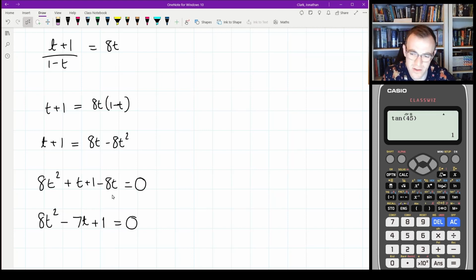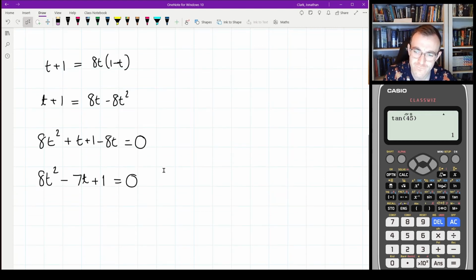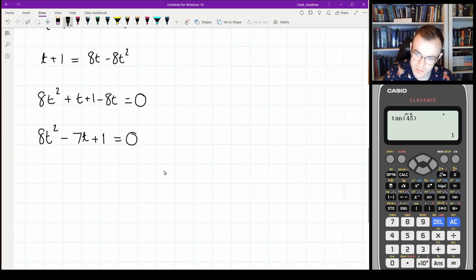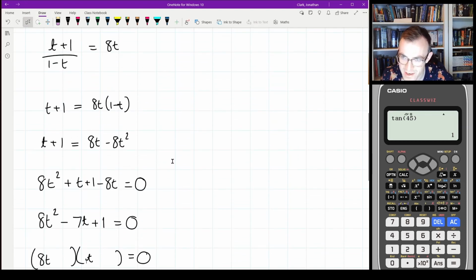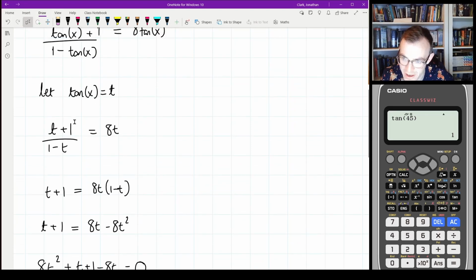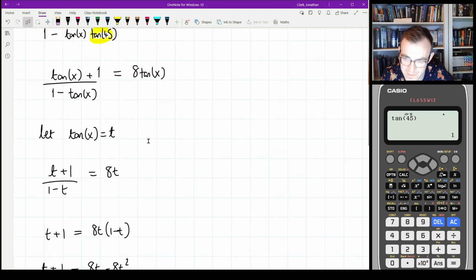Does that factorize? 99% of the time these do factorize. No, I don't think it does. Okay, so at this point, it could be that I've done something wrong. But something is telling me that I think I've done everything okay, so I'll just double check.